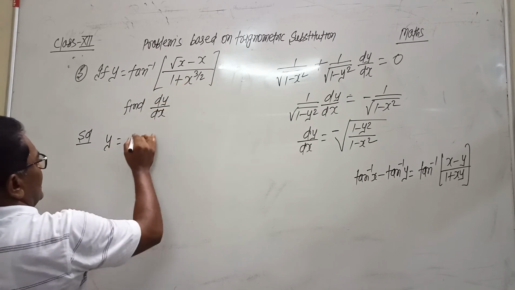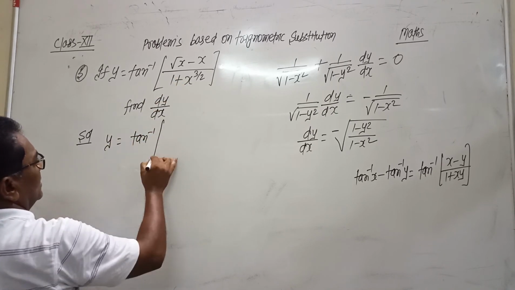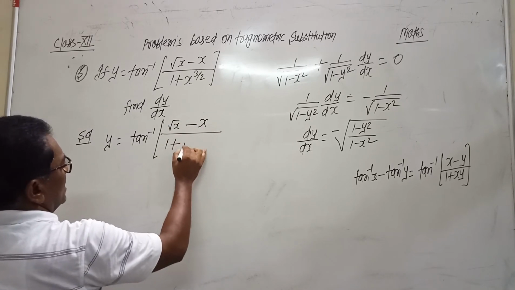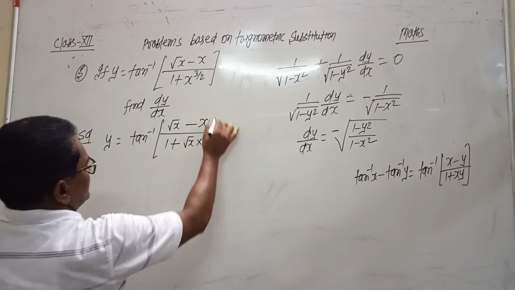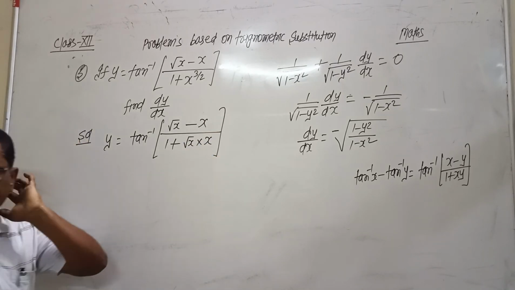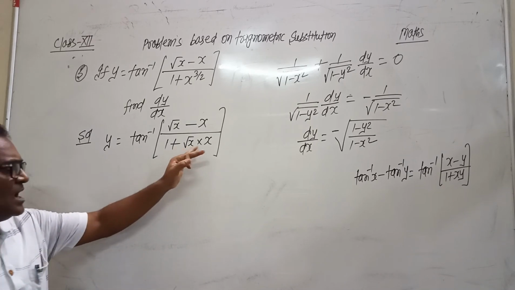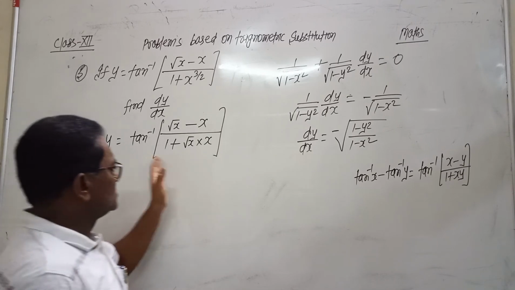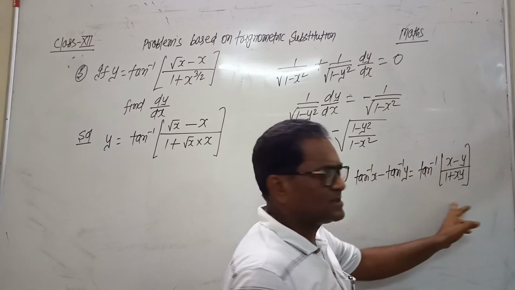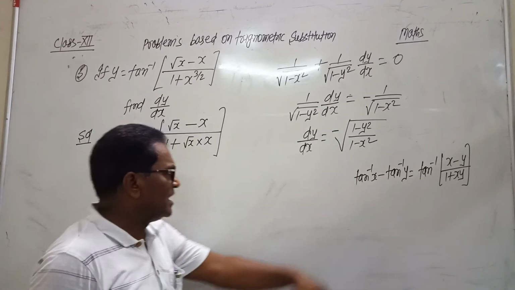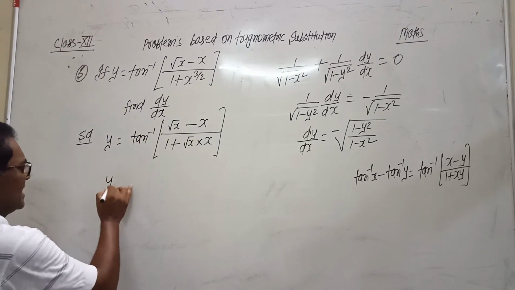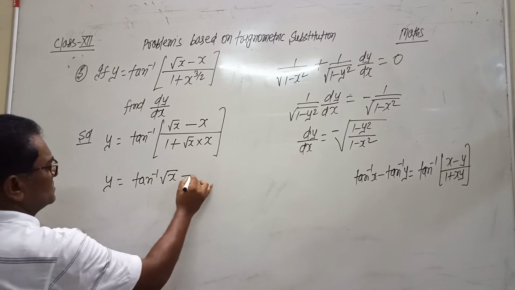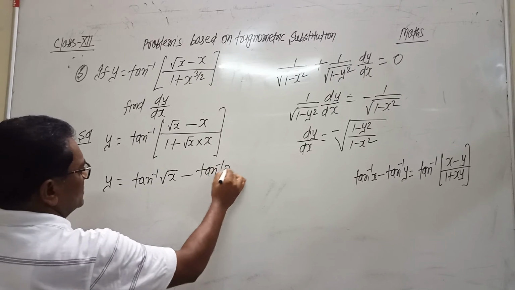This can be written as tan inverse of under root x minus x upon 1 plus under root x into x. Because root x means x raised to the power 1 by 2, and with x raised to the power 1 it becomes x raised to the power 3 by 2. So this is the RHS, tan inverse of x minus y upon 1 plus xy. So instead of this, we can write y equals tan inverse under root x minus tan inverse x.